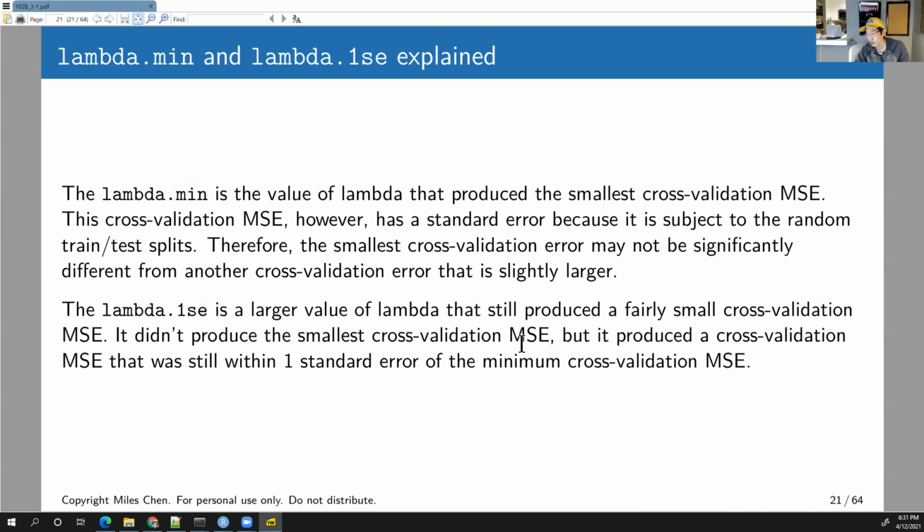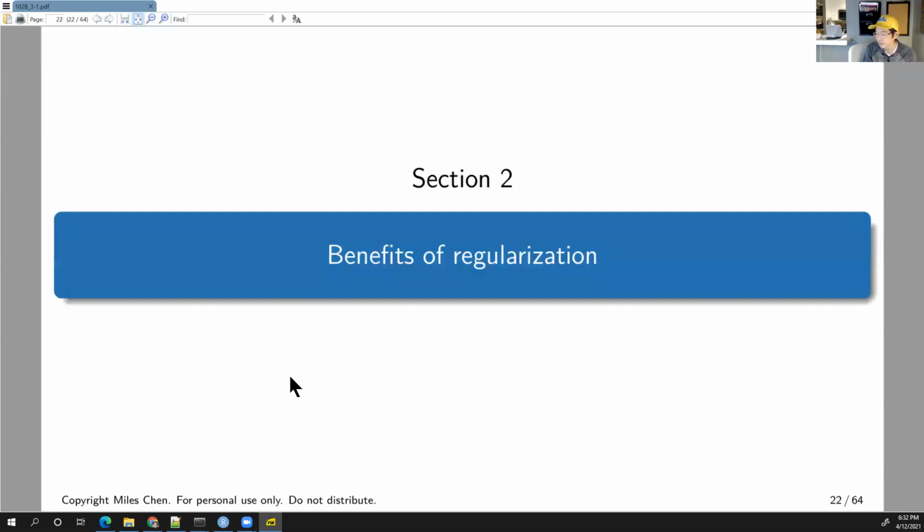Even if it's not the smallest one, it is within one standard error of the minimum cross-validation error that was produced. So if you don't want to think too hard, your default recommendation is lambda.1se. But you, as the person designing models and making choices, can choose whether to go with this default recommended value or if you have better reasoning.